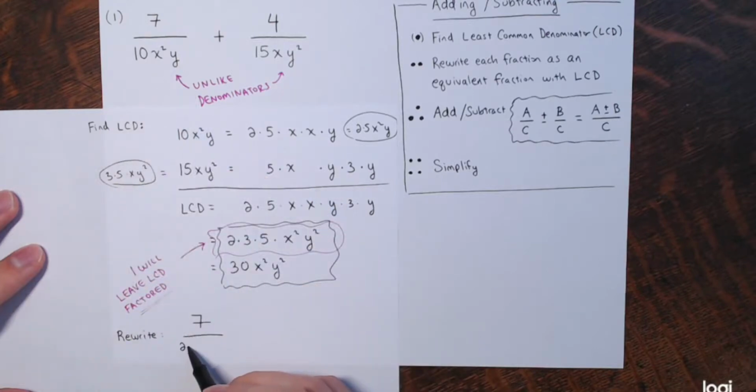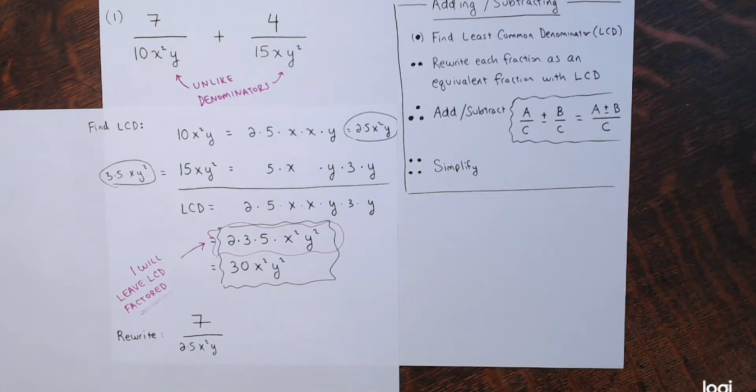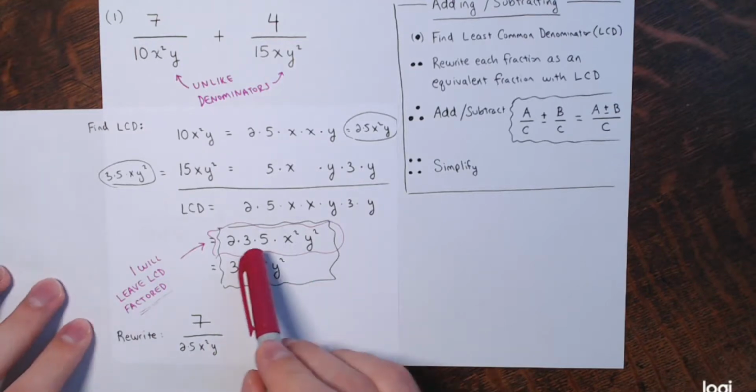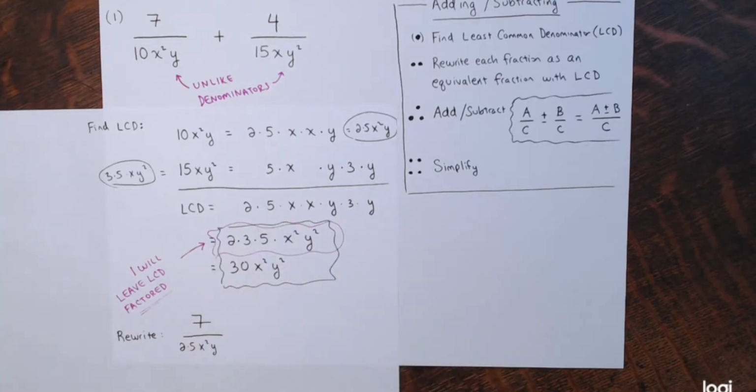So remember, this is 2 times 5 times x squared times y. That's 10 x squared y, totally factored. And what I want to do, right, is write this fraction as an equivalent fraction with the LCD as the denominator instead.